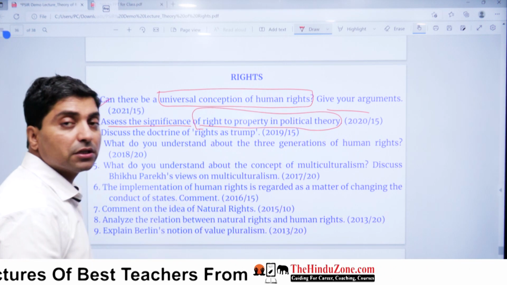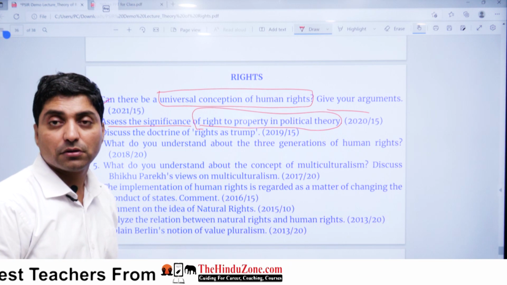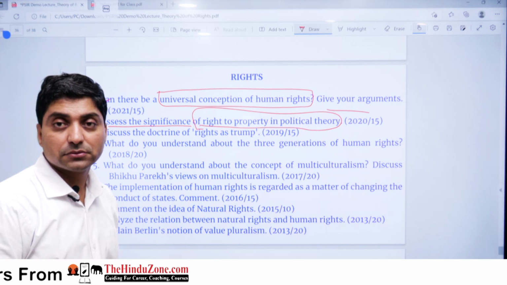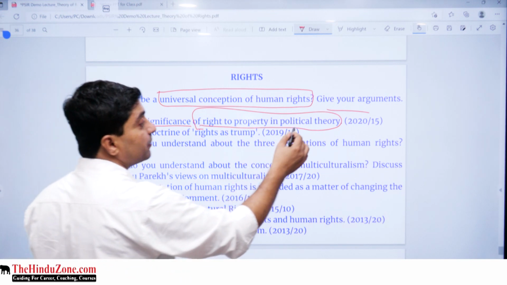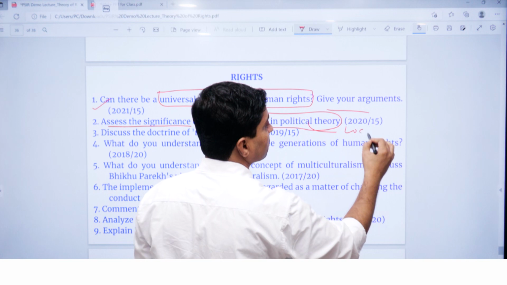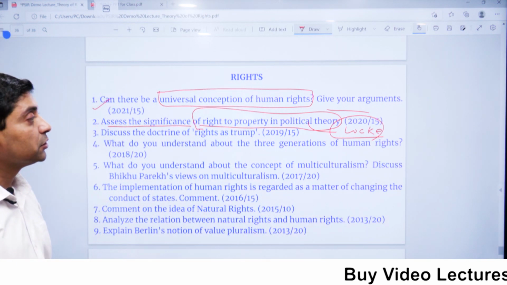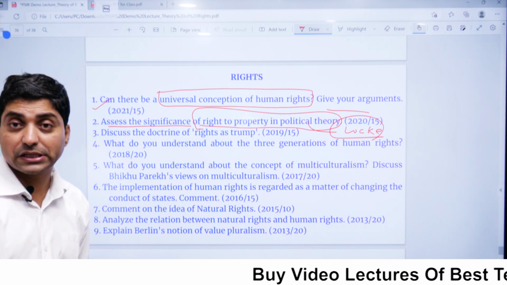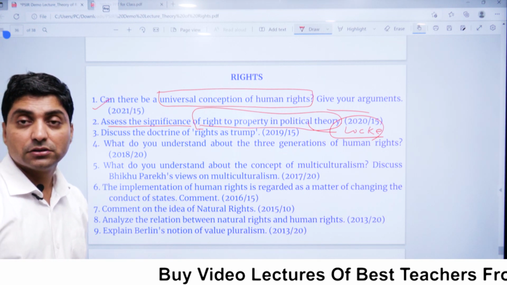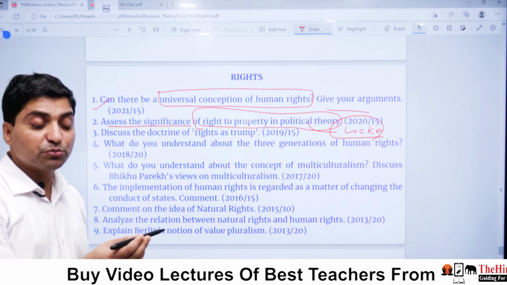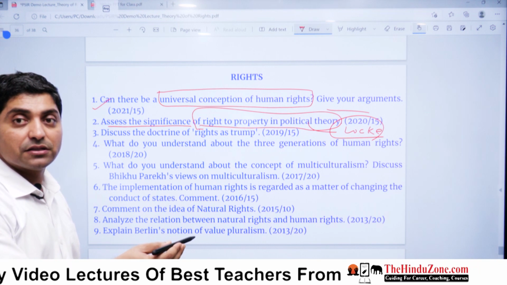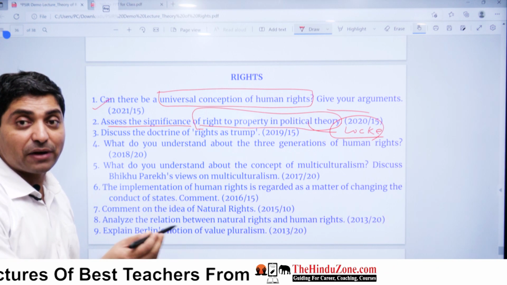We talked about the right to ownership, the right to property. Here Locke is very important, and you can talk about Robert Nozick's entitlement theory of rights: if I have acquired something by just means, that belongs to me, that is my property.